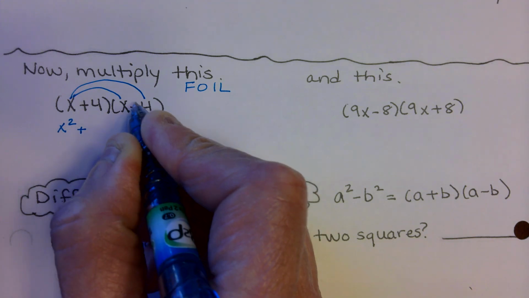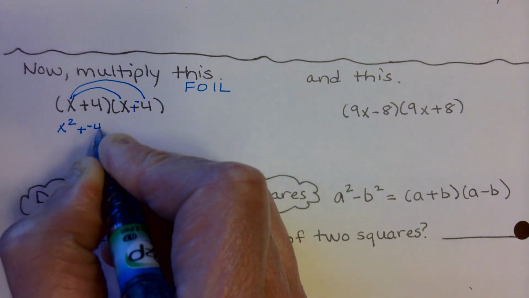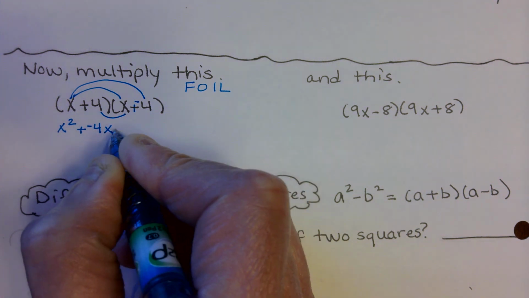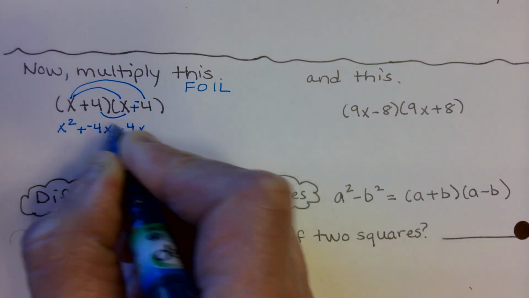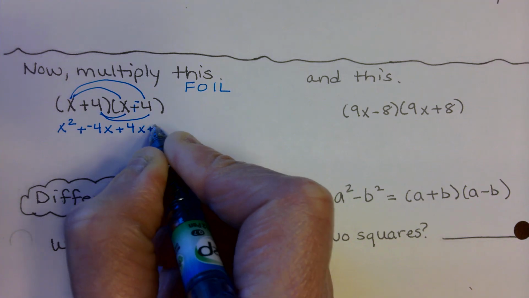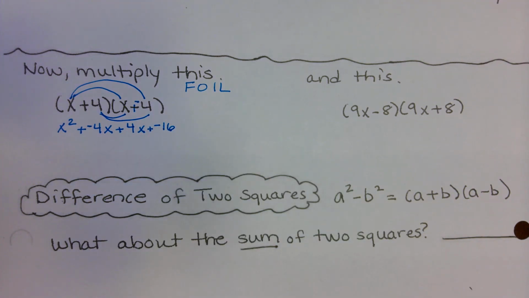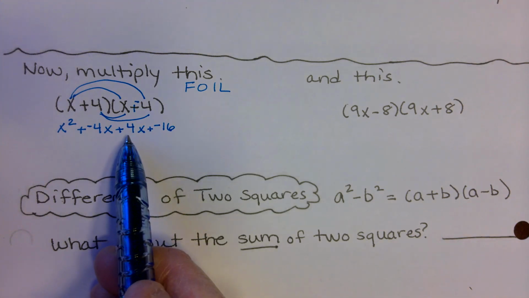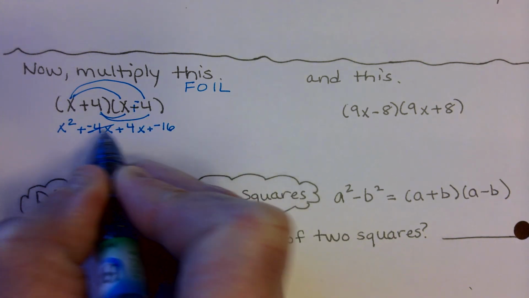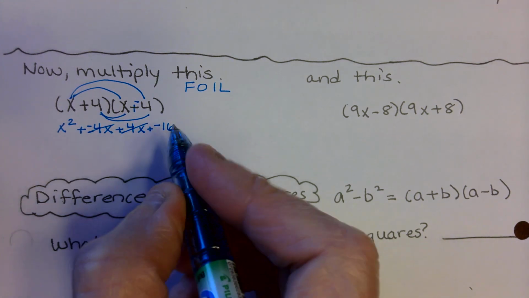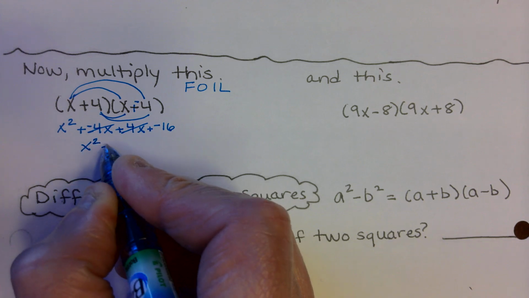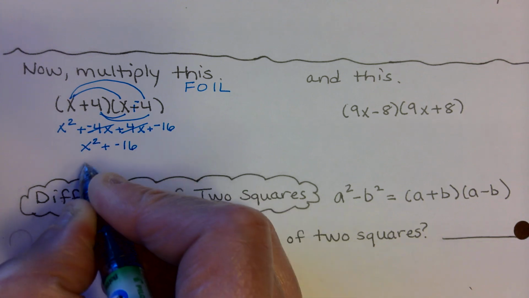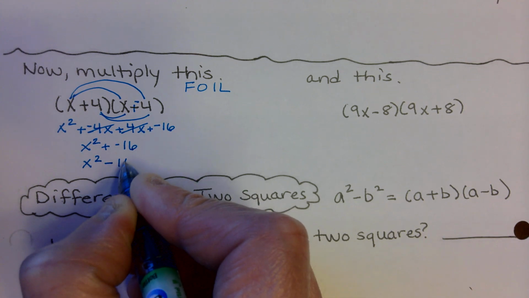And inside terms and last terms. Combine like terms, negative 4x plus 4x, 0. Those cancel out, and we're left with x squared plus a negative 16, or x squared minus 16.